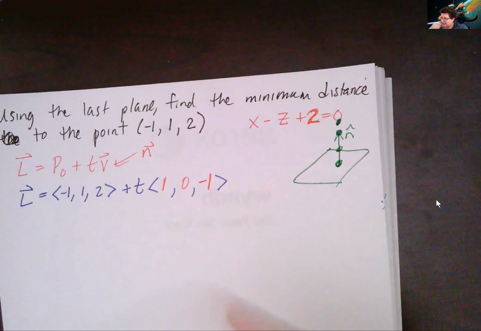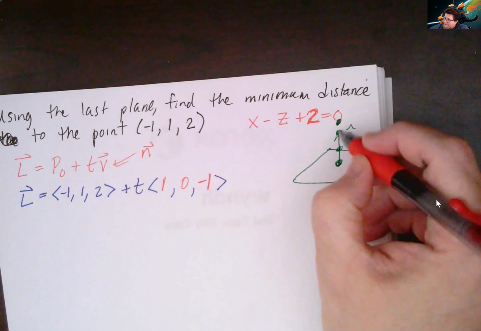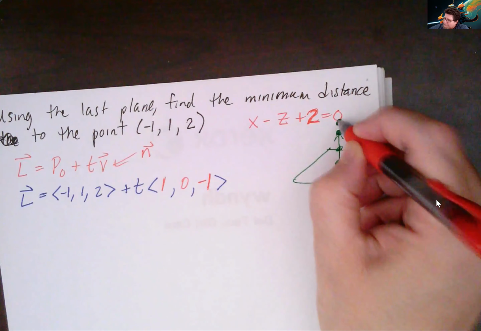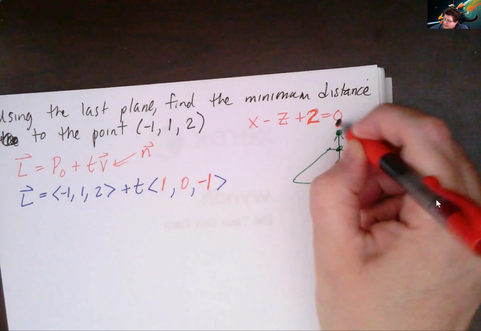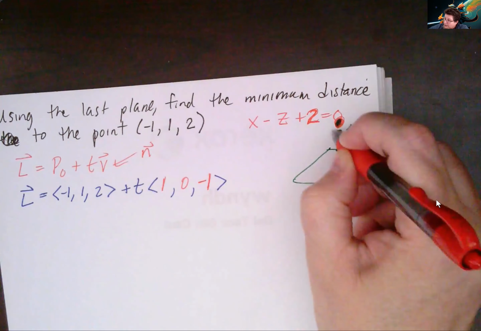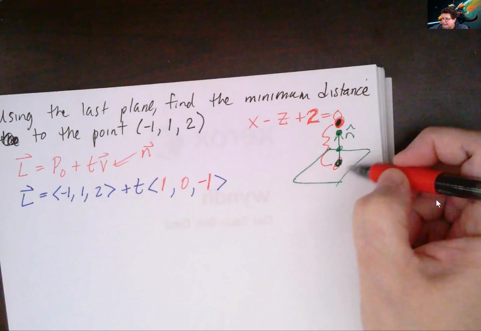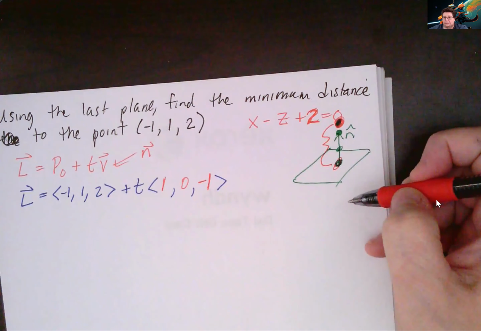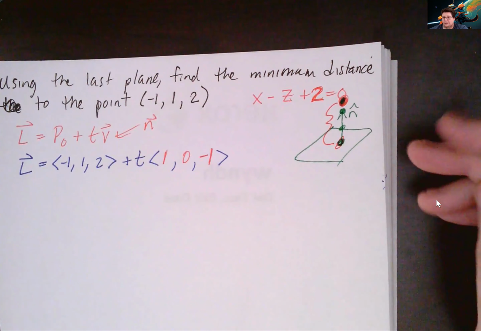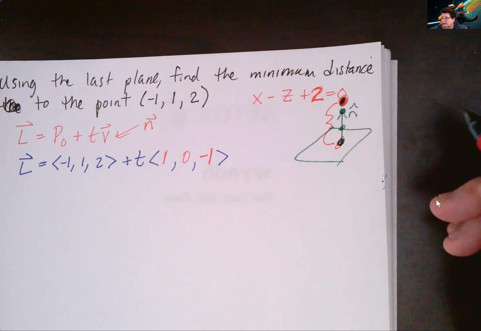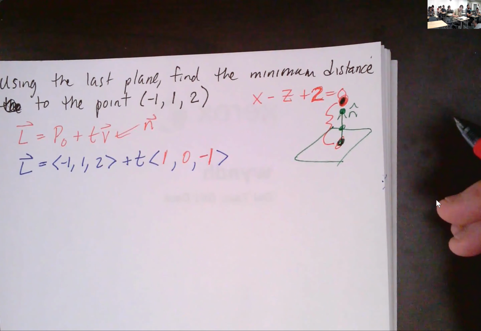So if I want to find the distance from this point right here to this point right here, what do I need? No, you already have a vector. What can you use?